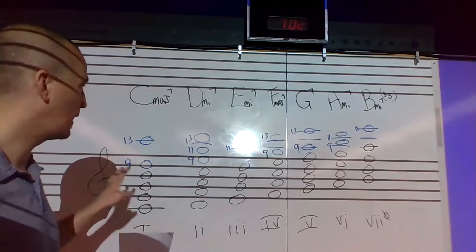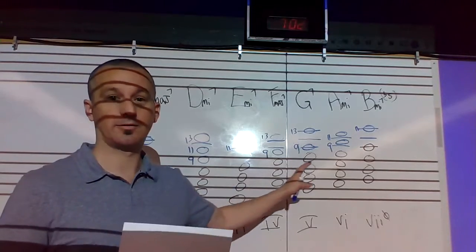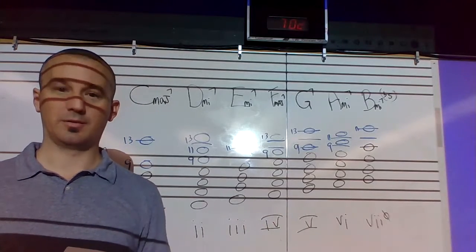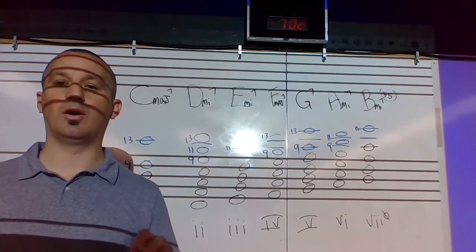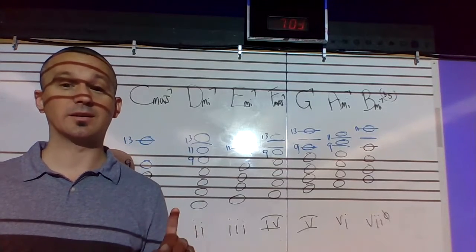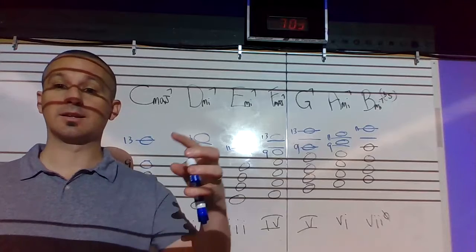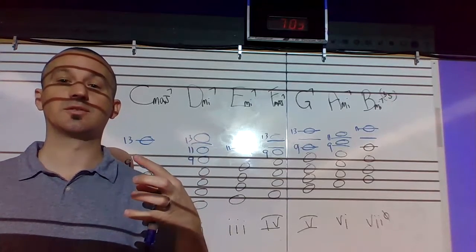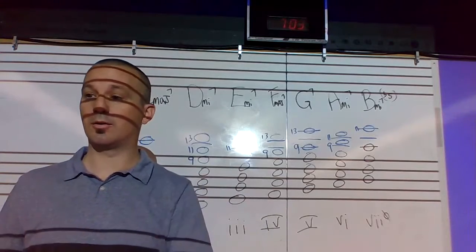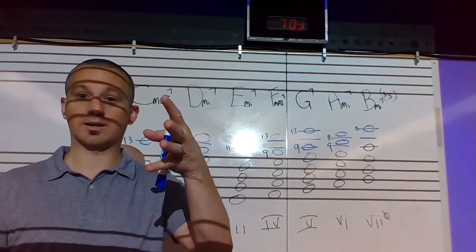What we're figuring out right now are the spellings for our extended chords. Spellings, if you'll recall, provide you with all of the notes that are available for you to choose from. Voicings are a select group of notes that you choose from the available ones to put on your instrument, whether it's a piano, guitar, or a horn section.